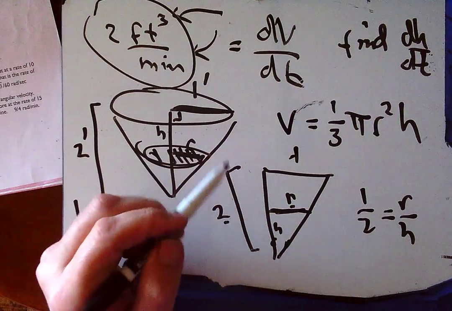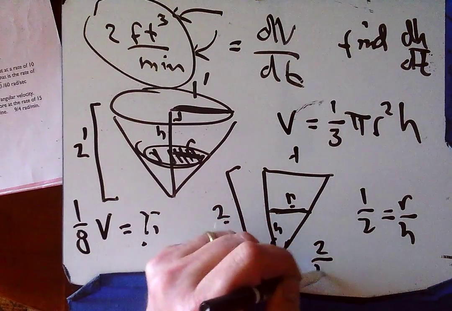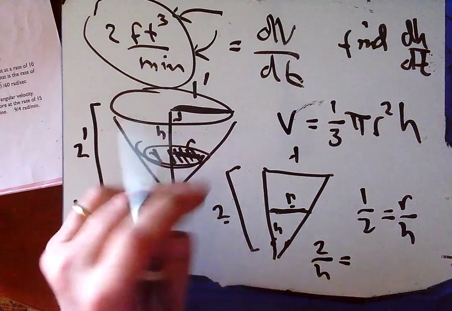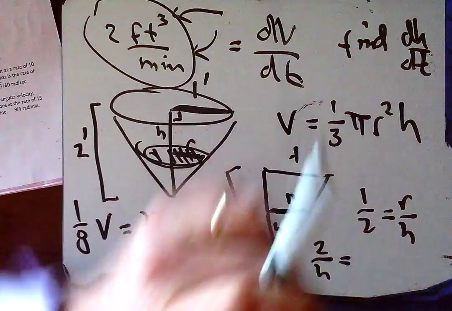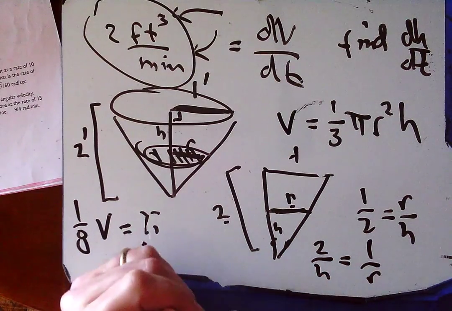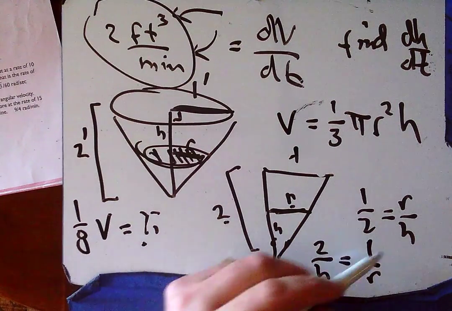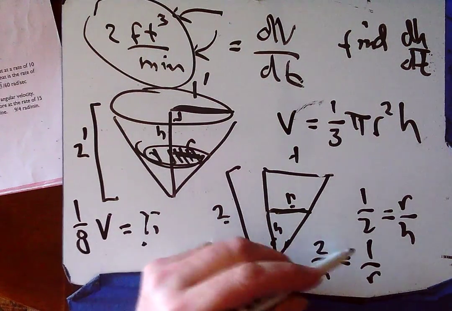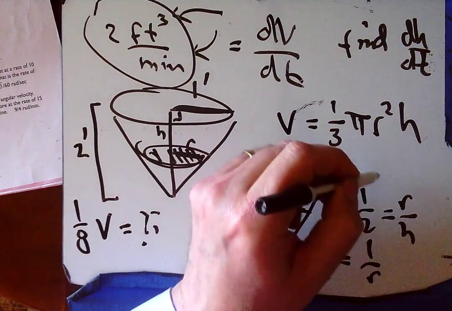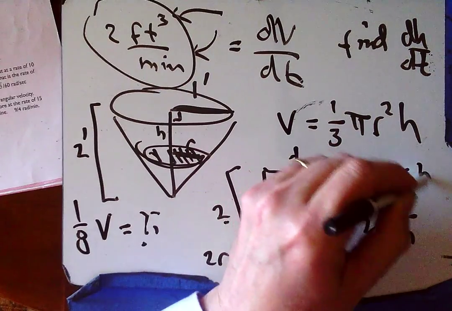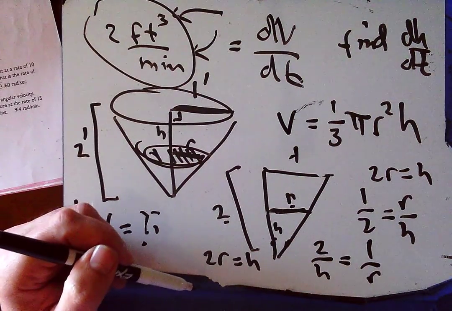Or I could say something along the lines of 2 is to h, like whole thing, changing thing, as whole thing is to changing thing. And now when I cross multiply, notice what happens. Regardless of my setup, I get 2r equals h, and here 2r equals h by cross multiplying.